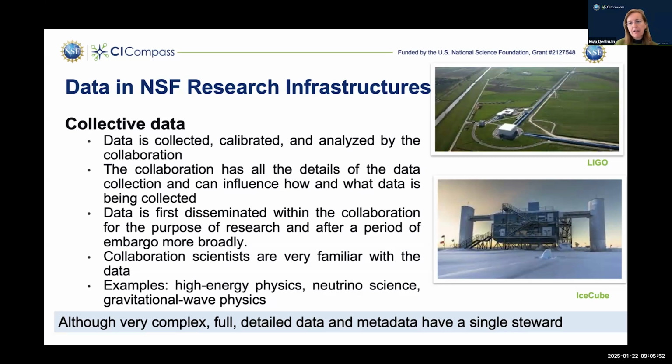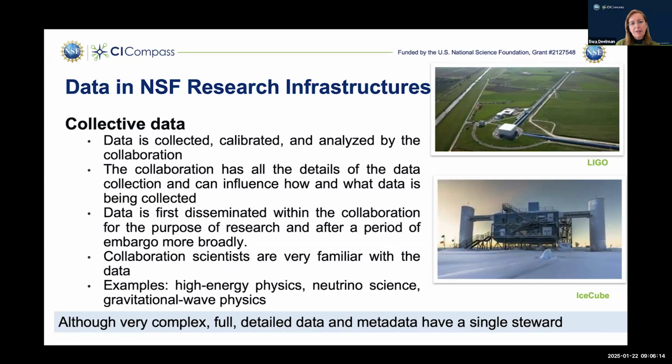So you can think of these different data types in four different categories, and one of them is collective data. So this is, you can think of large high-energy physics experiments such as CMS, neutrino science such as IceCube, gravitational physics such as LIGO.